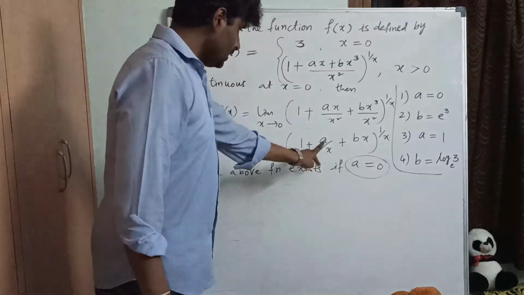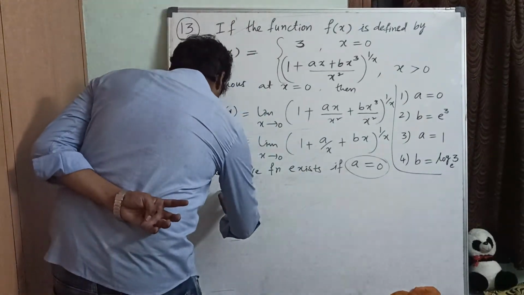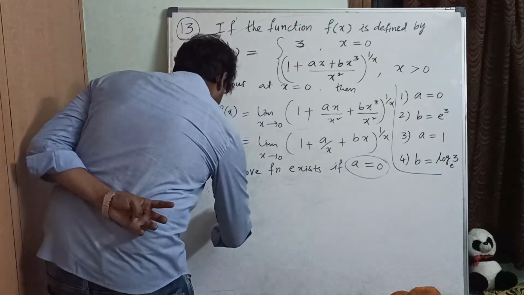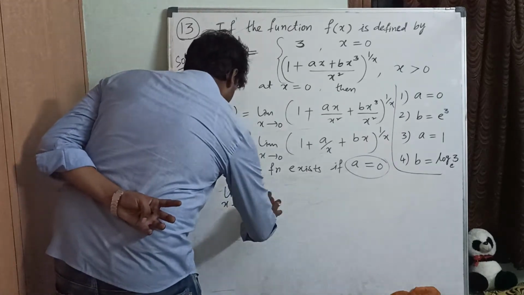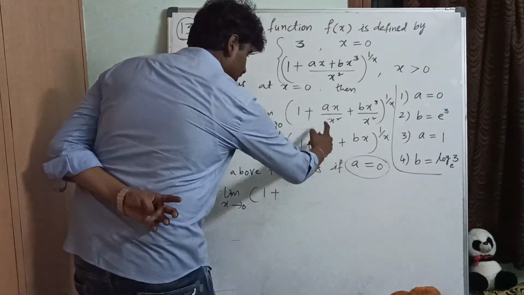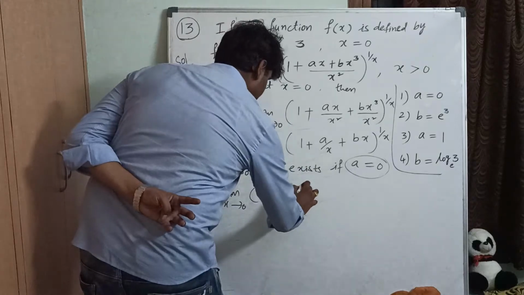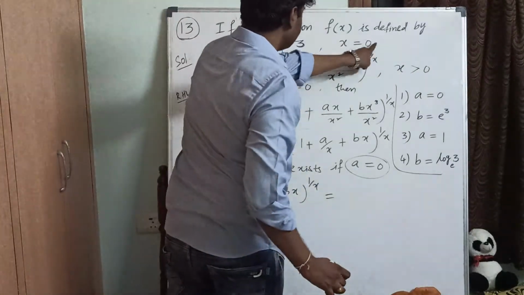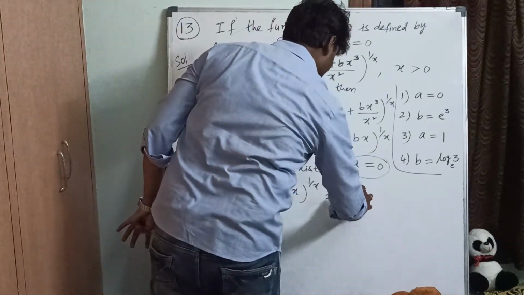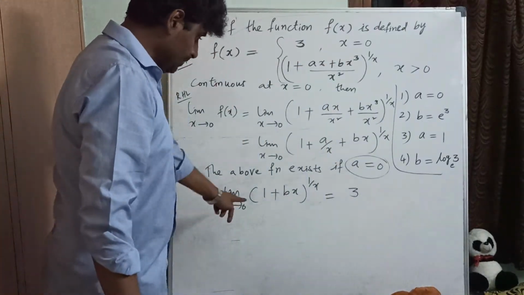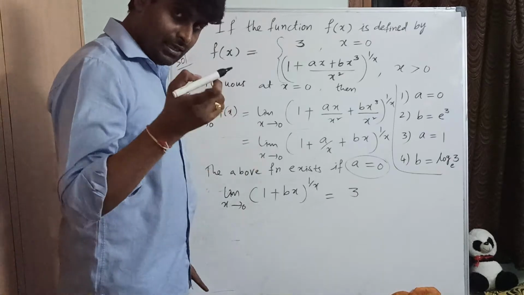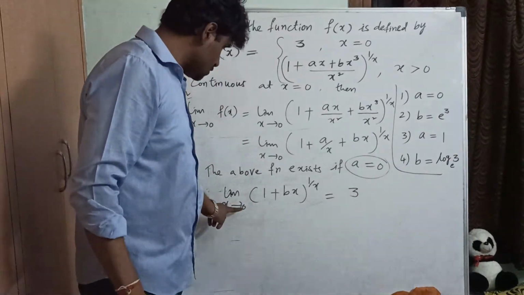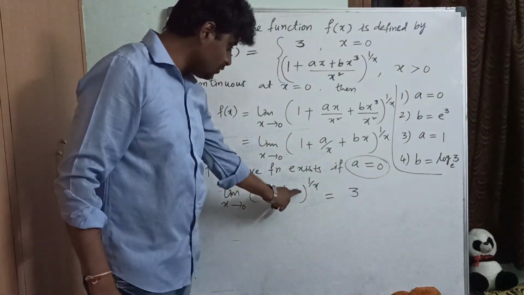So now let us make it limit x tends to 0, (1 plus this value, anyway 0, plus bx) whole power 1 by x. So limiting value equals function value. What is the function value? 3 there, right? Now tell me, let us recall the previous formula. Limit x tends to 0, (1 plus bx) whole power 1 by x.